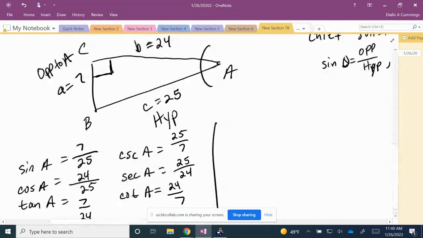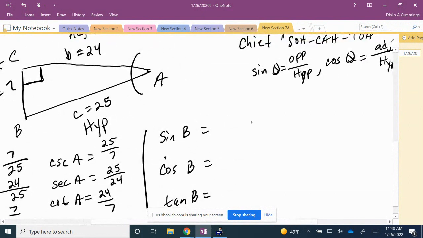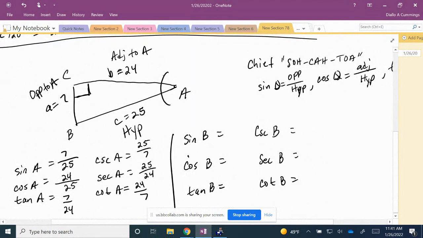Now, what I would like for you to do, using the same triangle, is find the sine for angle B, the cosine of B, the tangent of B, and the reciprocals: the cosecant of B, the secant of B, and the cotangent of B. At this time, I'm going to pause the video.